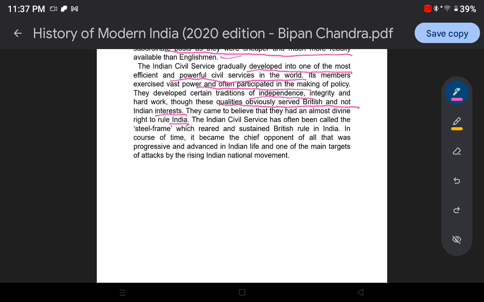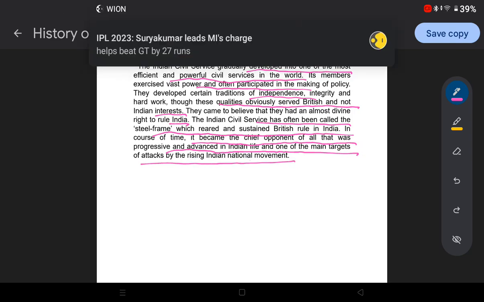The Indian civil service has often been called the steel frame which reared and sustained British rule in India. In course of time, it became the chief opponent of all that was progressive and advanced in Indian life and one of the main targets of attack by the rising Indian national movement.